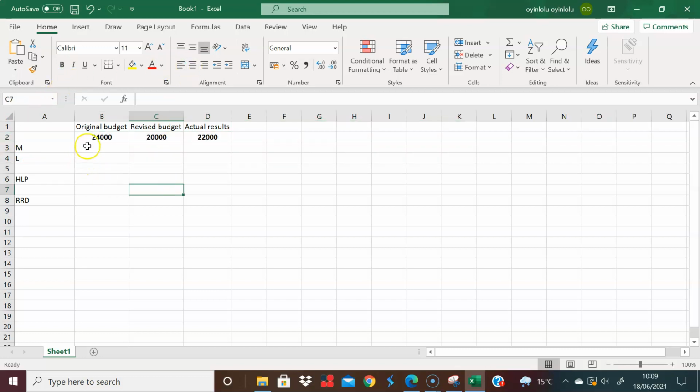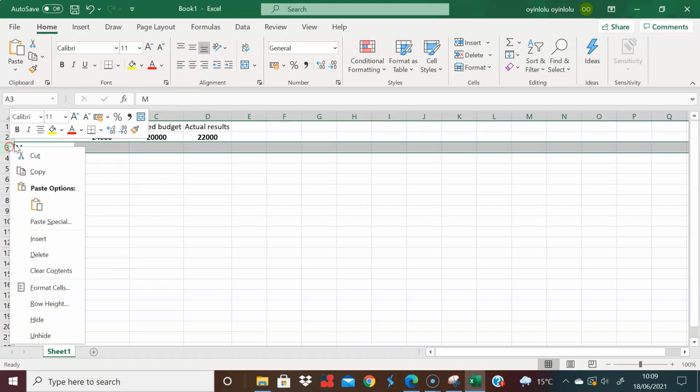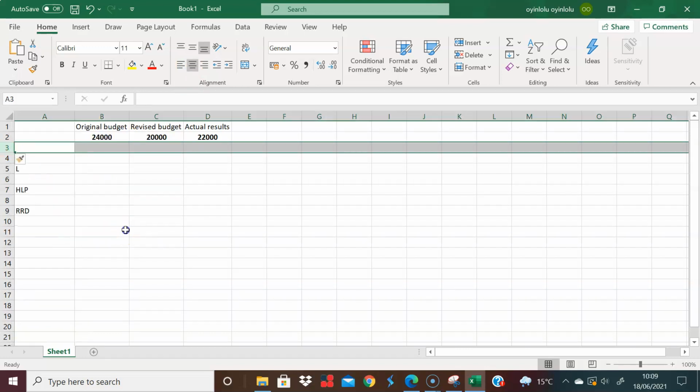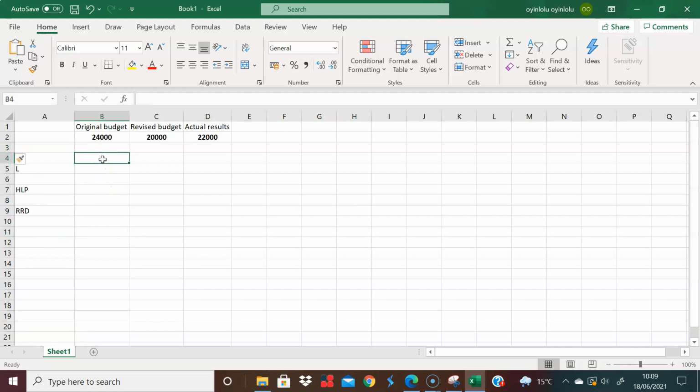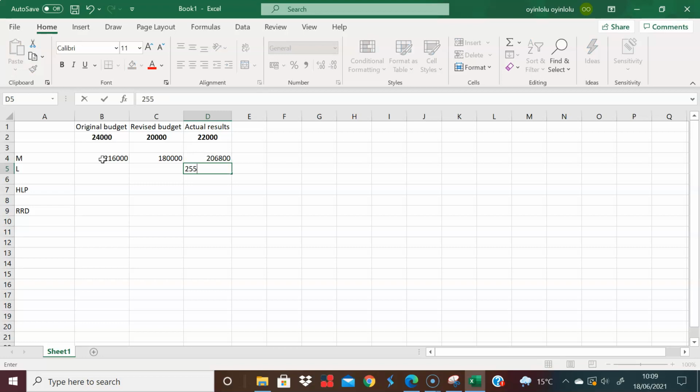And then I'll give some space in there. Material: 216,000, 180,000, 206,800. And here you have 255,200, 240,000, and 288,000.